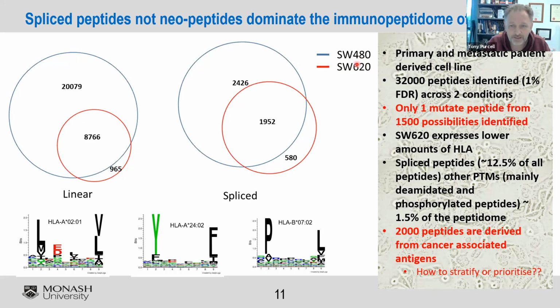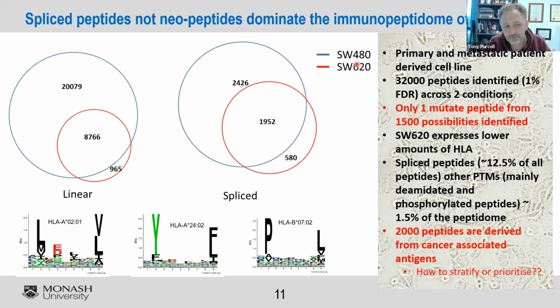When we analyze these cells across these two different conditions of plus and minus interferon gamma, and we combine all the data together and stick it on one slide, what we're able to show is that we can identify around 32,000 peptides at a 1% false discovery rate across these two conditions. So not very high expression of class 1 on these cell lines. Now, everyone is interested in identifying neopeptides, so these peptides that contain mutations.